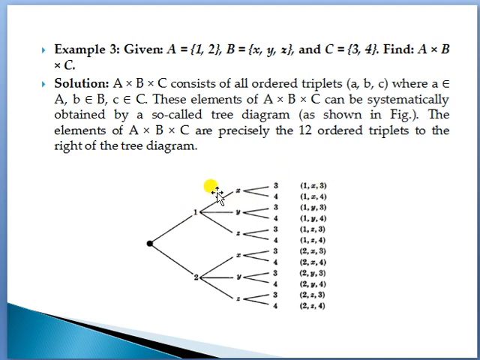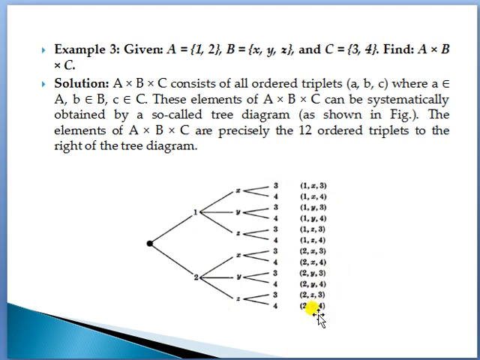Second, 1, x, 4. Similarly 1, y, 3 for this triplet, 1, y, 4 for the next one, 1, z, 3 the next one, and 1, z, 4 this one, for the first element being 1. Similarly for 2 we will find all the triplets here.